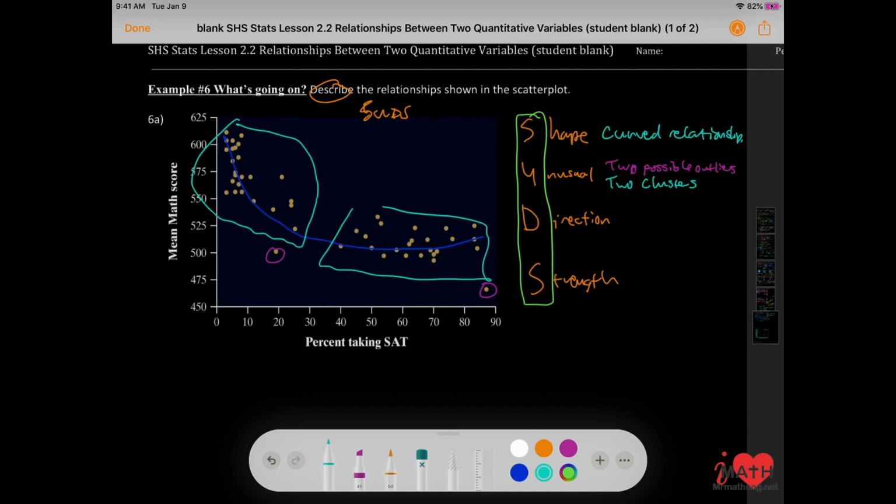How about our direction? Our direction, I would say, is a negative direction, and then the question is, how strongly associated is it with that curved line? I'd say moderate, because you have those outliers kind of further away. Okay? All right, go ahead and press pause. You try 6B and we'll finish this up.